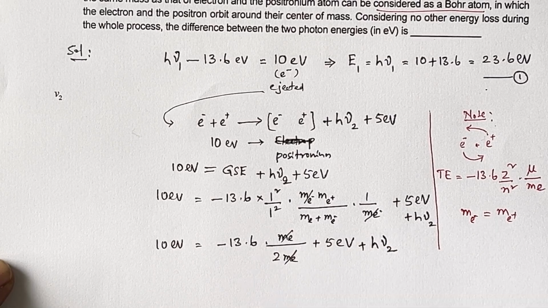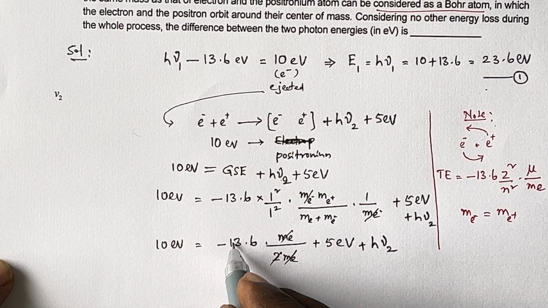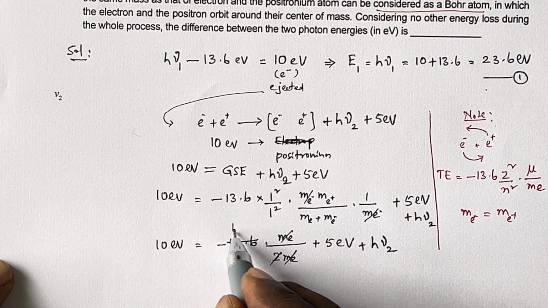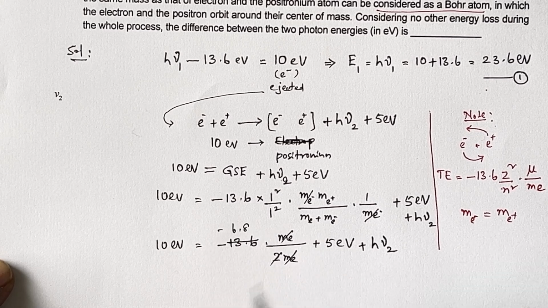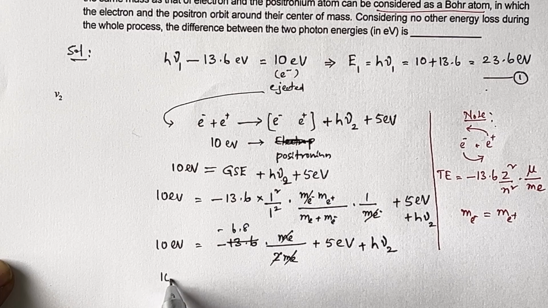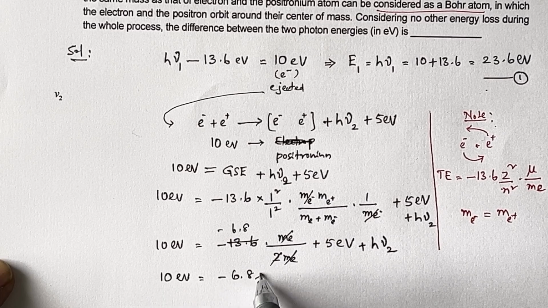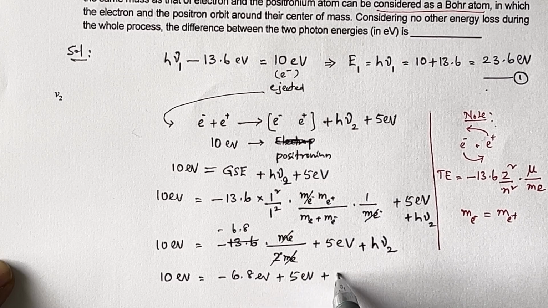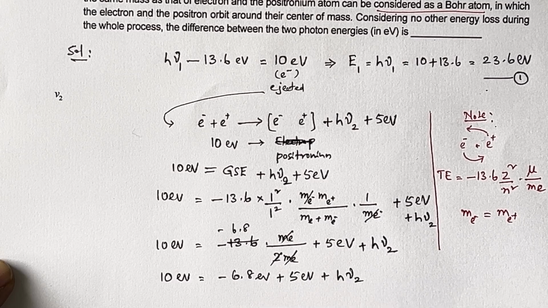Now m_e cancels, the two ones, 2 6 and 2 8s. So the equation comes like this: 10 electron volt is equal to minus 6.8 electron volt plus 5 electron volts plus the energy of the photon that is emitted here.